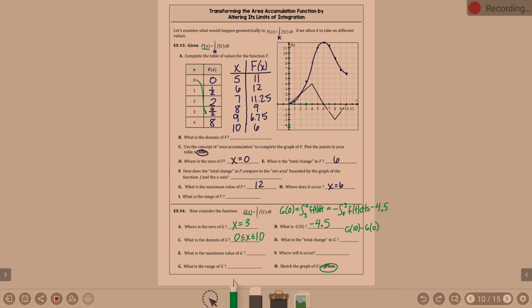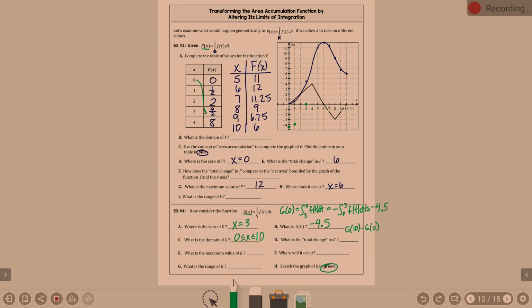I was just saying, each of these points is down what? 4.5. What's going to be true of all the other points? They're just going to be shifted down 4.5. So this dot that was at 1, 1/2, if I move that down 4.5, it's going to be at negative 4. This is why I'm like, sketch the graph. I feel like it's so much more helpful to sketch it earlier rather than later.